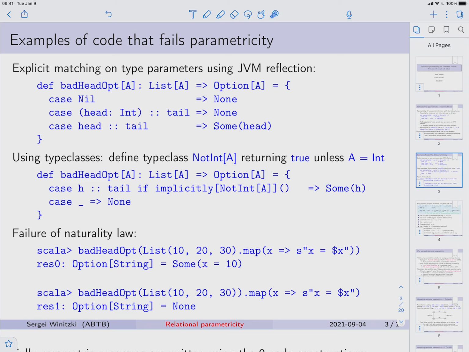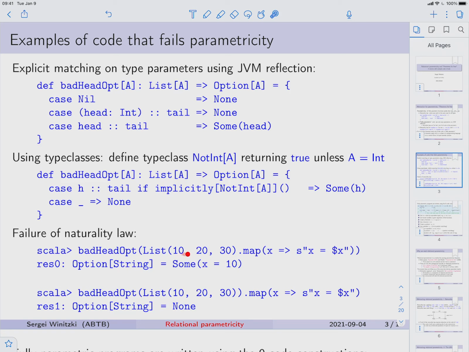So then you have this matching, and if this type class instance gives you true after the apply method, then you return the head option as usual, otherwise you return none. This will have the same effect as this code. And if you define bad head option like that, then you will fail the naturality law.